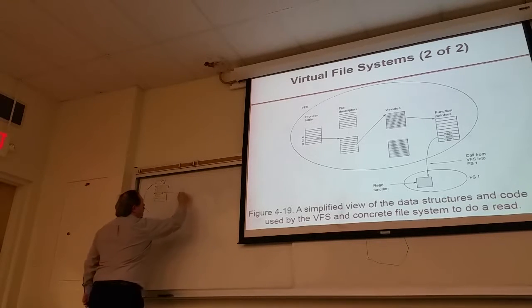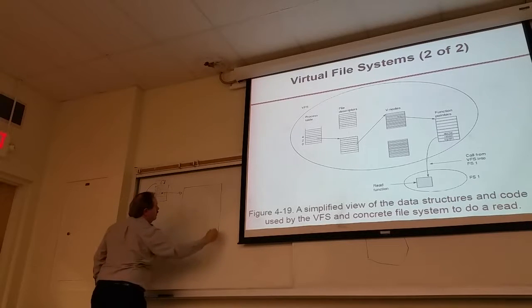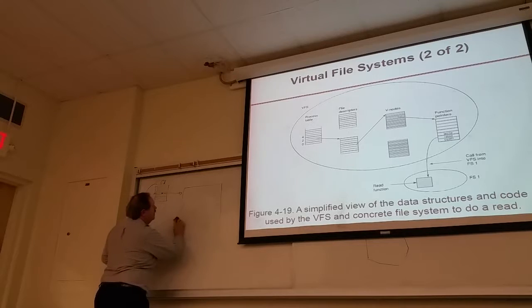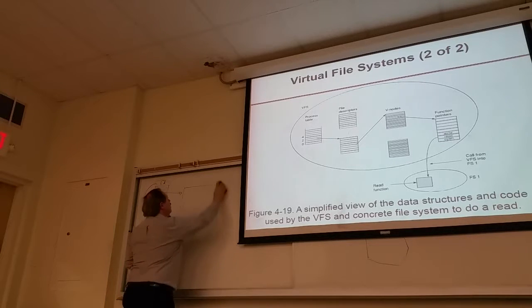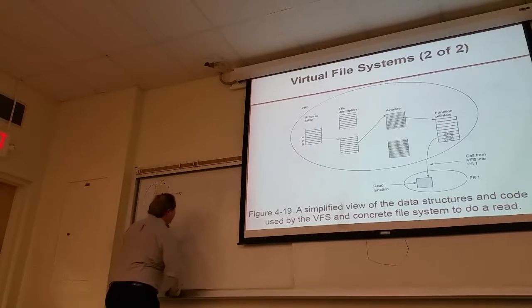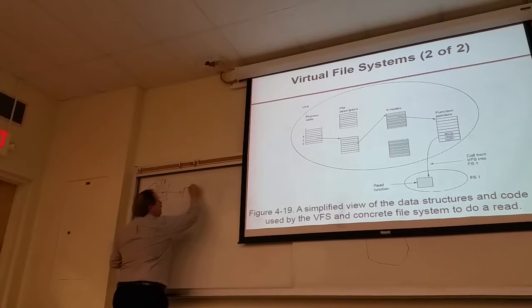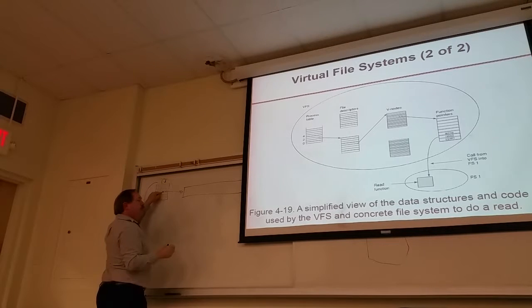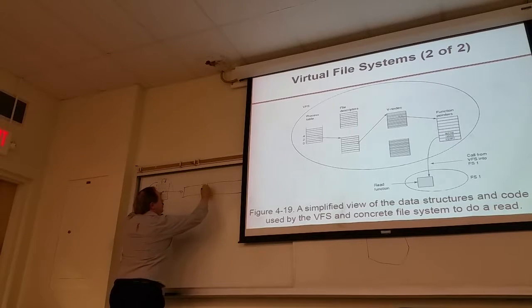I drew it linearly before, and I will draw it linearly again. So my file descriptor table has a file pointer to the file's inode in file system X.